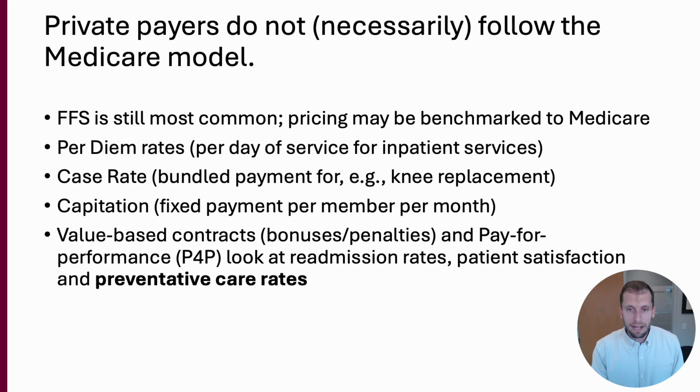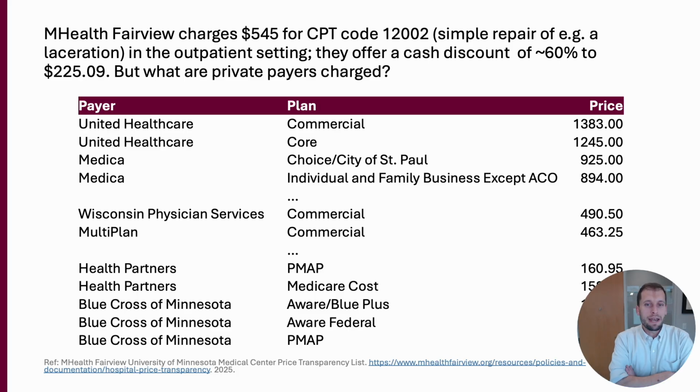So, just to underscore this, let's look at what M Health Fairview charges different payers for CPT code 12002. Again, that's simple repair of a small laceration. So their nominal price, or their charge, is $545. So that's what they say: hey, this costs $545.